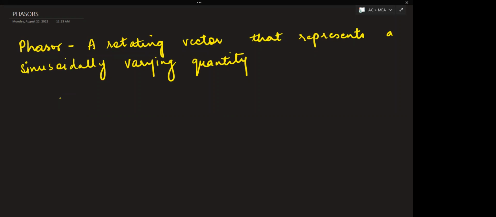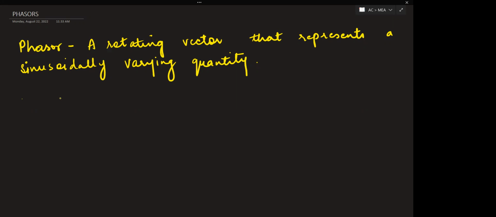This is called a phasor. It's a rotating vector that represents a sinusoid. This vector is imagined to rotate with angular velocity equal to the angular frequency of that quantity. Its length represents the amplitude of the quantity, and its projection upon a fixed axis gives the instantaneous value of the quantity. What is meant by what I've said?